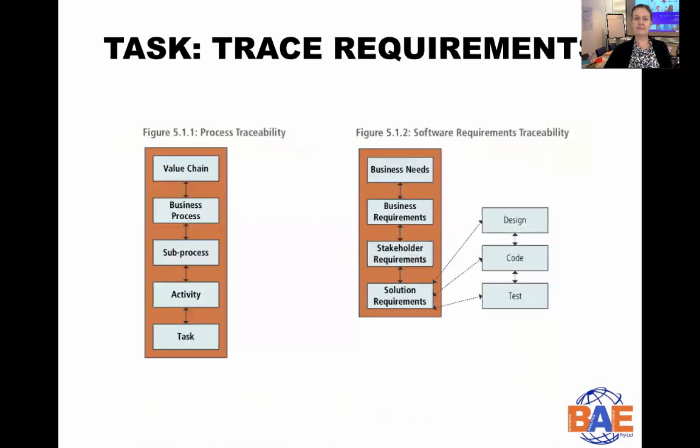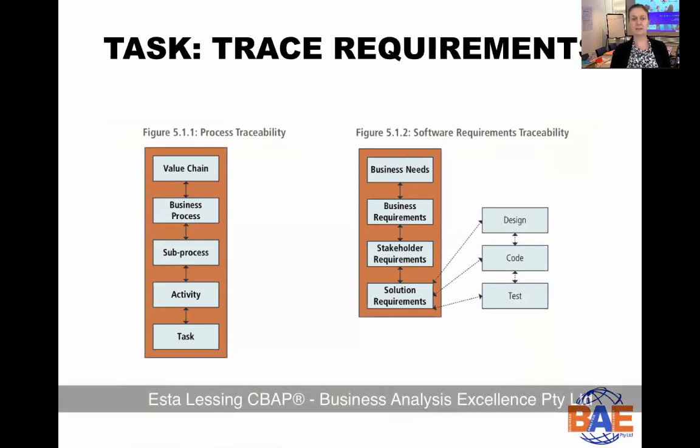So now let's have a look at two examples that are available in the BABOK guide of different types of traceability. So the first type that you can see here on the left is referred to as process traceability.